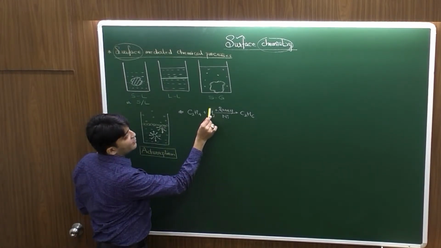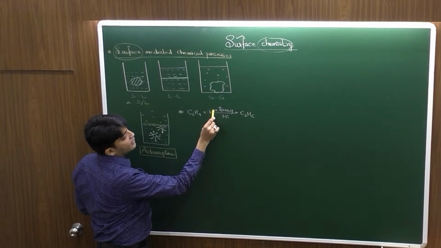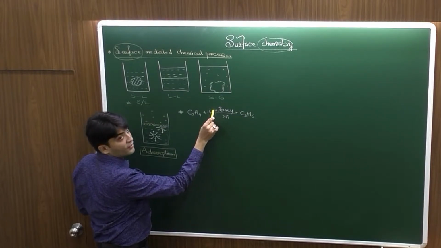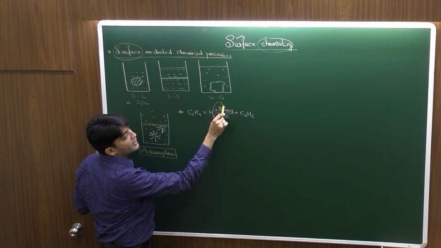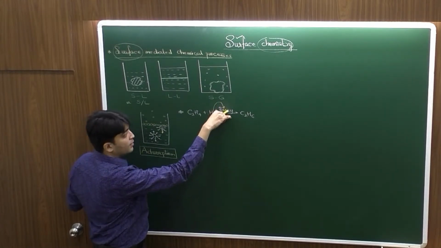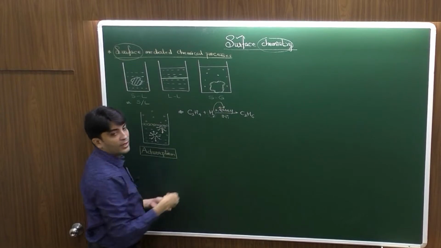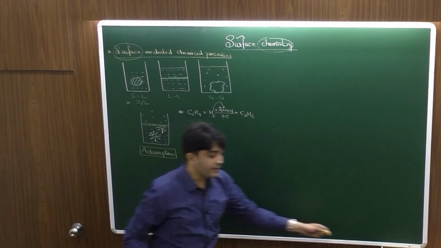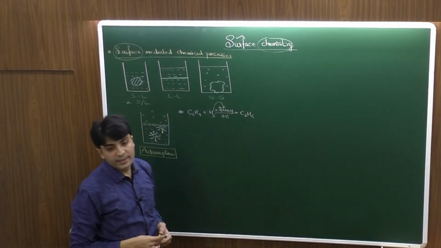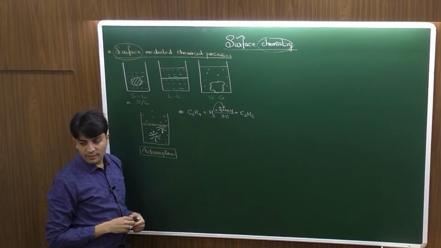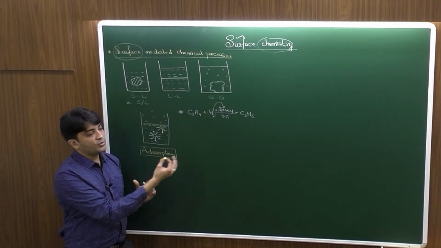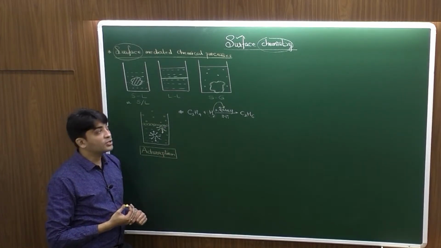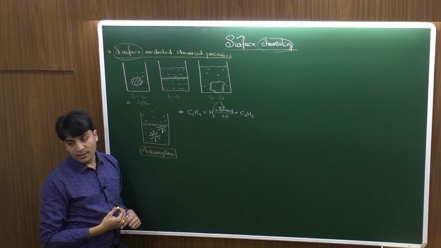The hydrogen gas molecules get accumulated on the surface of nickel, due to which the molecules on the surface will increase, and hence the rate of the reaction will increase, and that's what the catalyst does, increases the rate of reaction. So one example of adsorption was related to the accumulation of hydrogen on the surface of nickel.